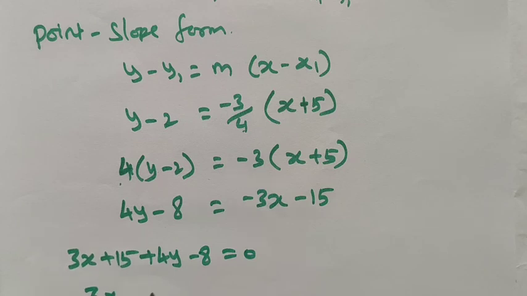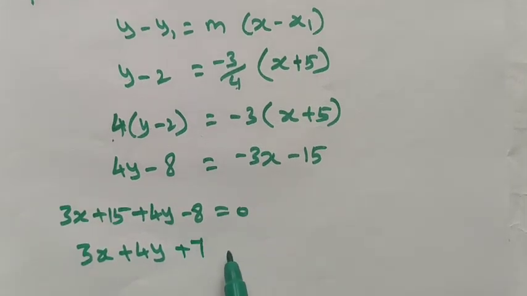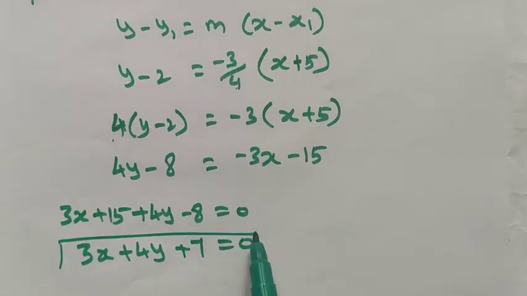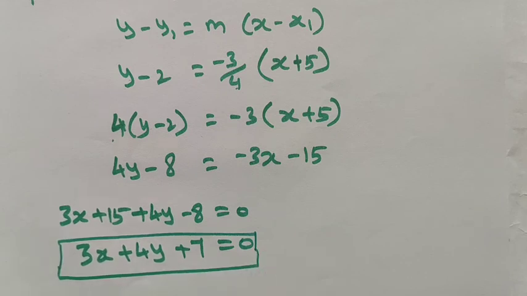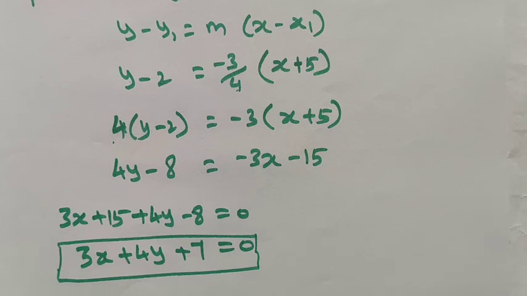Then 3x plus 4y, 15 minus 8 is 7. That is plus, since the highest number is plus. So 3x plus 4y plus 7 equal to 0 is the equation of the line. Thank you, students.